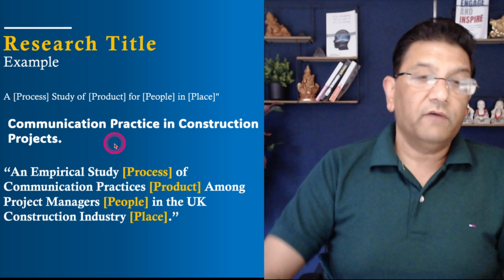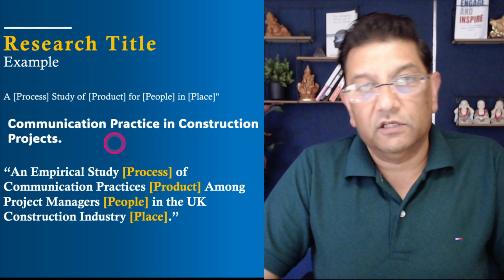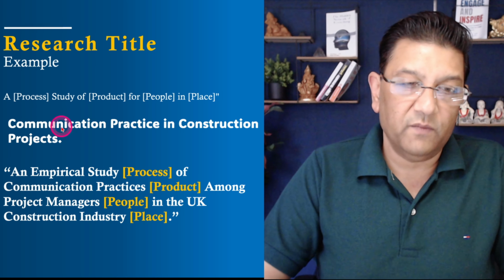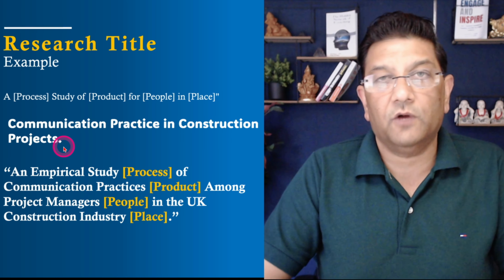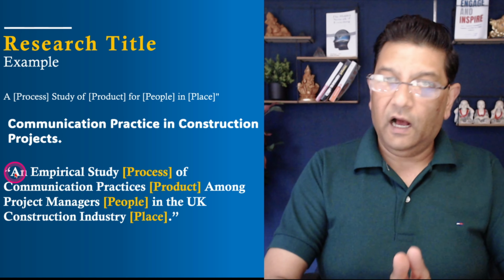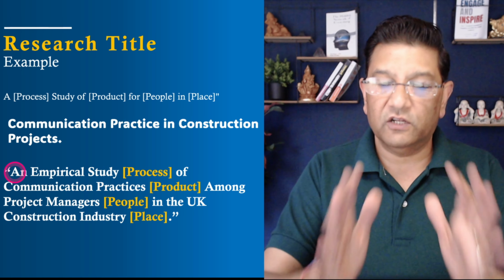So that is a very good example of how to use the 4Ps in your research title. You just need a research idea, which is, for example, here, communication practice in construction projects. Once you have a research idea, you just need to work on how you are going to align those 4Ps into your research title.